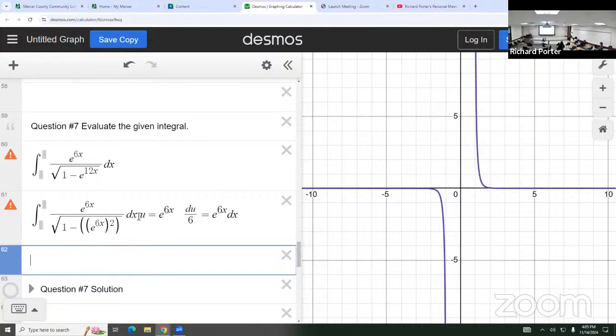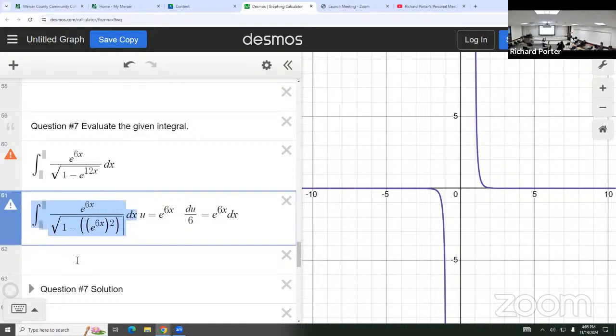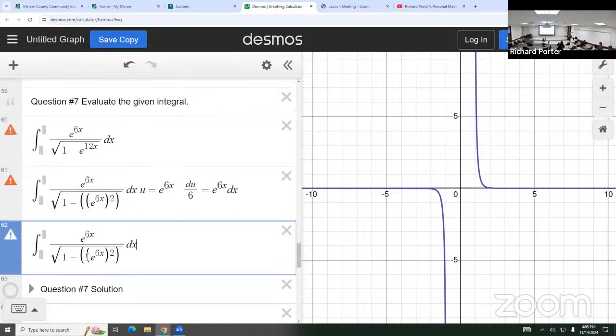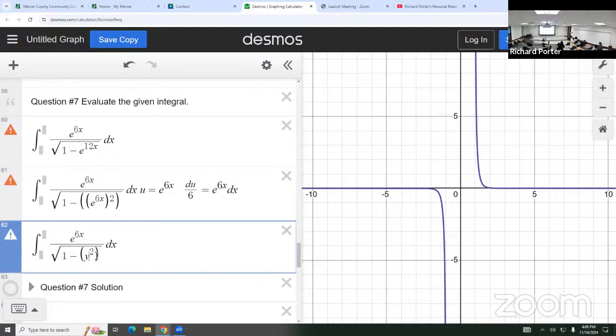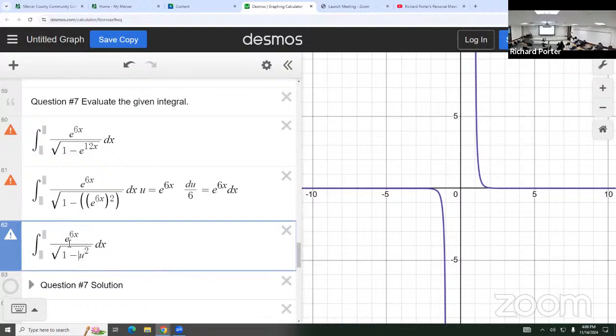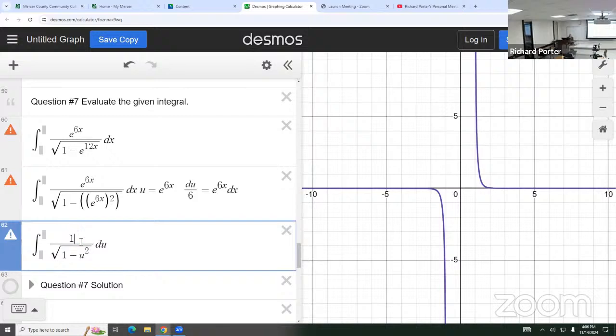So look what I can do here. I can do a substitution. I can make all of that be u squared. Okay, and then e to the 6x dx, that's all just going to be du. Right?